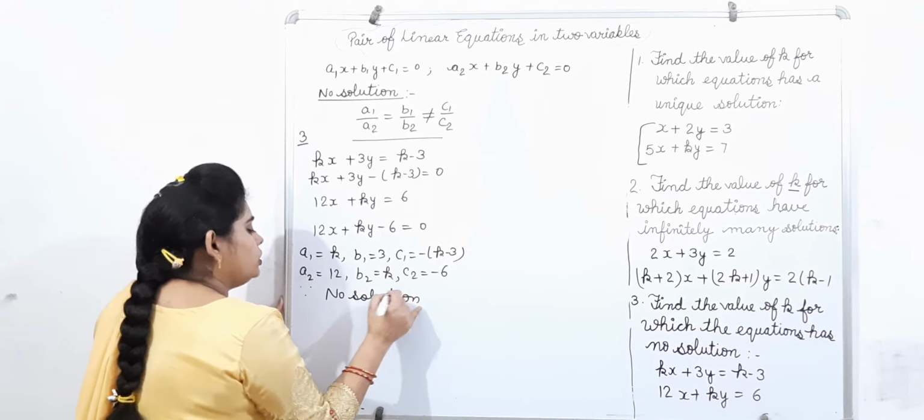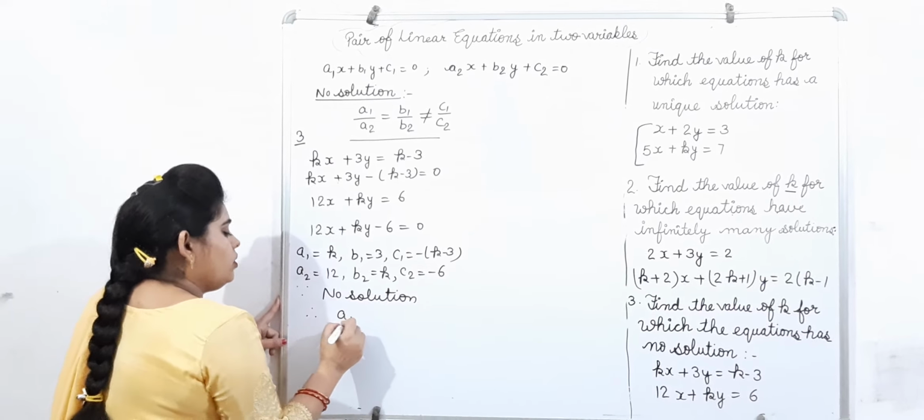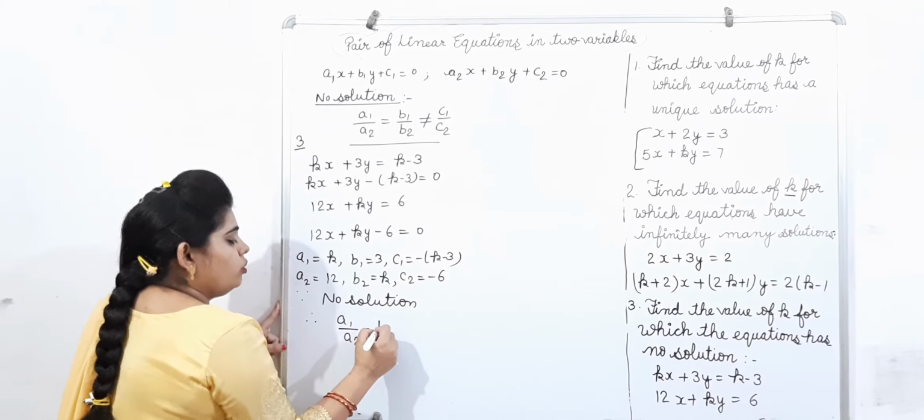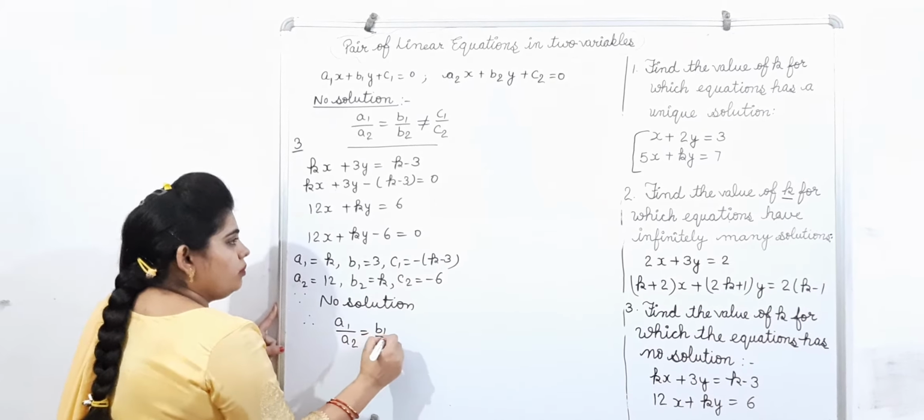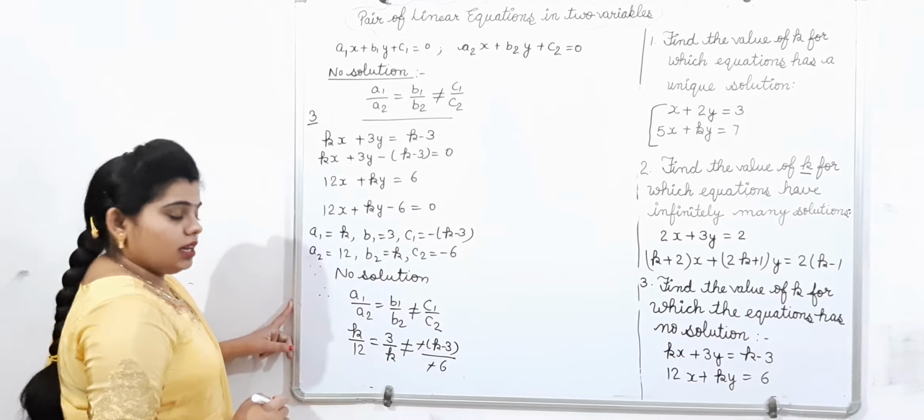Now, because the condition is of no solution, a1 by a2 is equal to b1 by b2, not equal to c1 by c2. On putting these values: k by 12 is equal to 3 by k, not equal to minus (k minus 3) by minus 6, the minus cancels out.